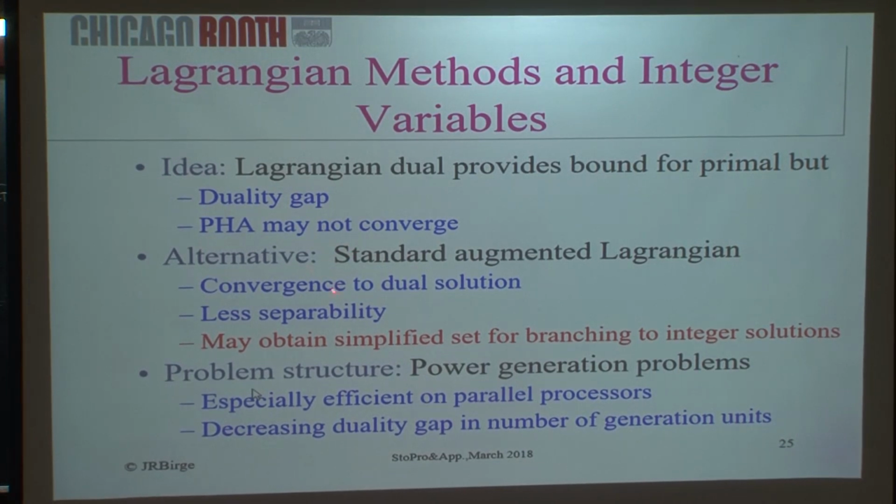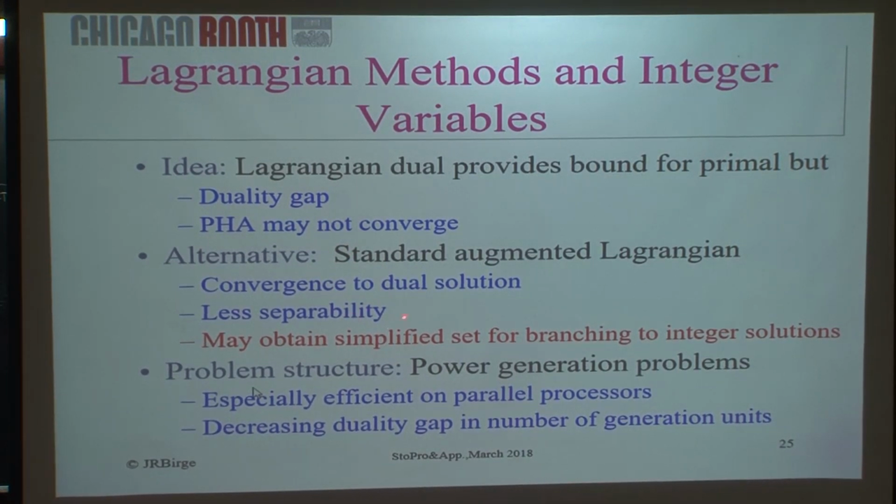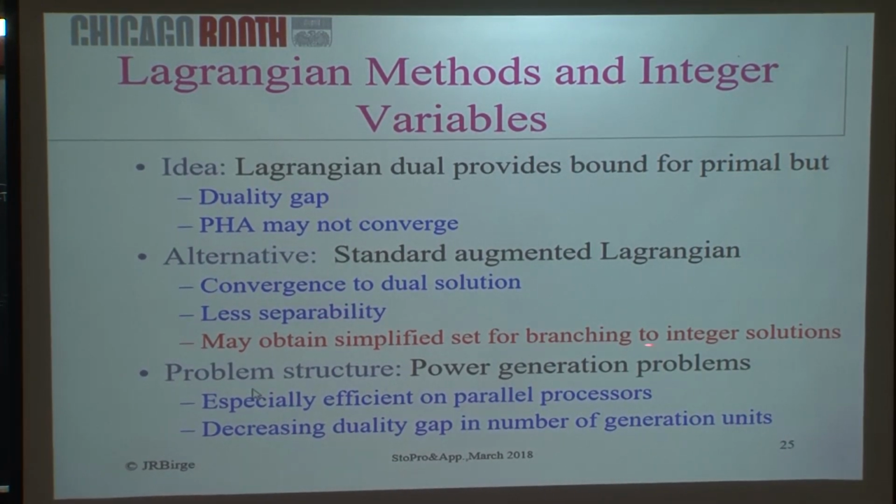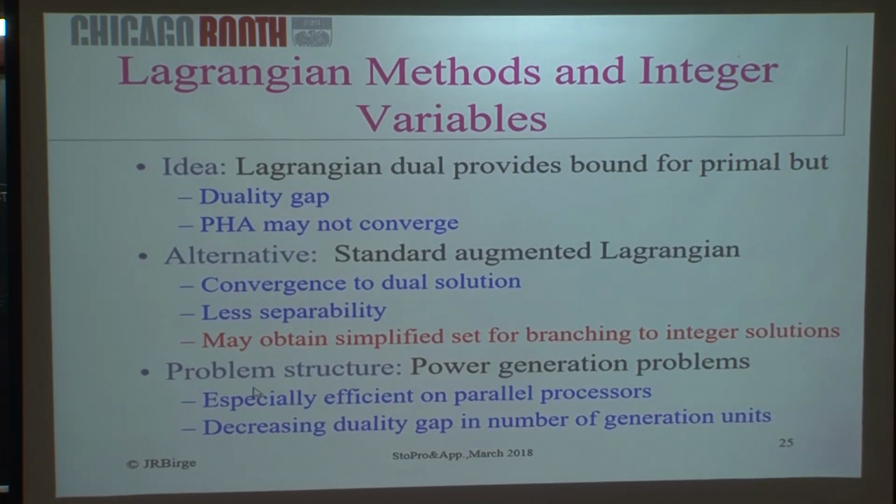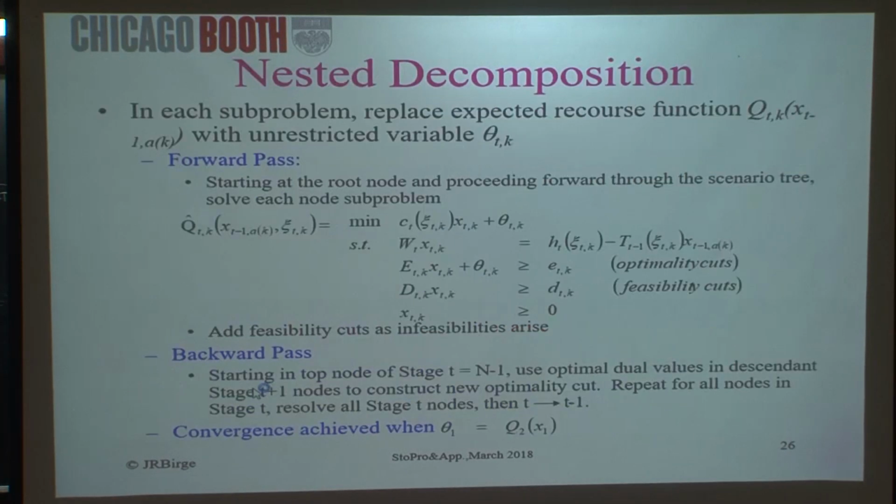There are other ways to get around that, like using other kinds of Lagrangian, and effectively you have to do something for the integer variables, like branching, which is another way to solve those problems.